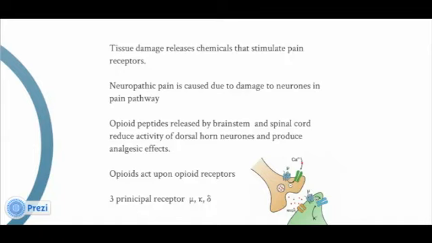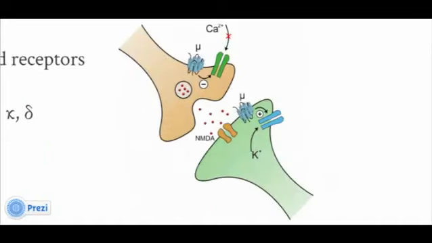This image here demonstrates the mechanism of action of opioid analgesics. What opioids do is primarily bind to these mu opioid receptors at the end of the synapse, hence activating G protein. G protein is an intracellular secondary messenger system that fundamentally brings about physiological changes.